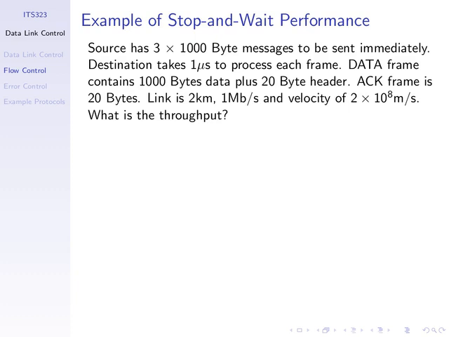Transmission time of the data frame equals the data size divided by the data rate. 1,020 bytes divided by, in our question, the link data rate is 1 megabit per second, which means we can transmit 1 million bits every second. We've got 1,020 bytes to transmit.